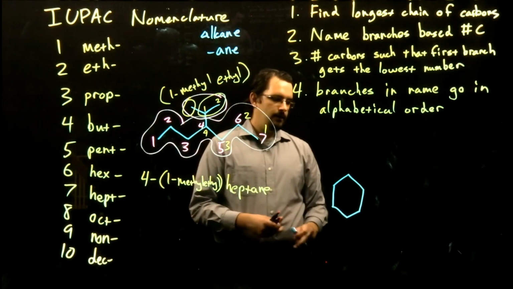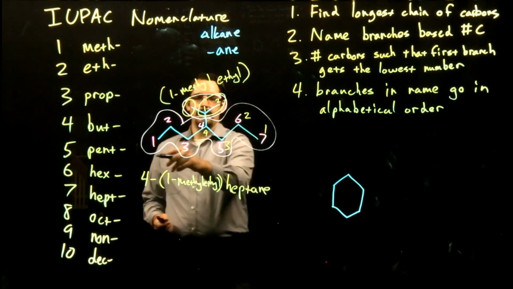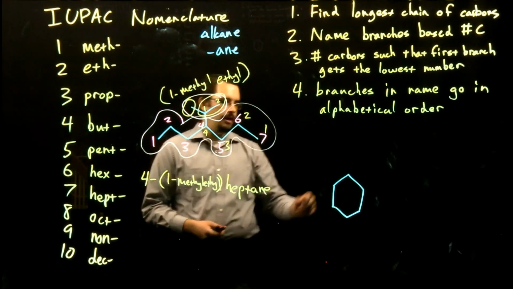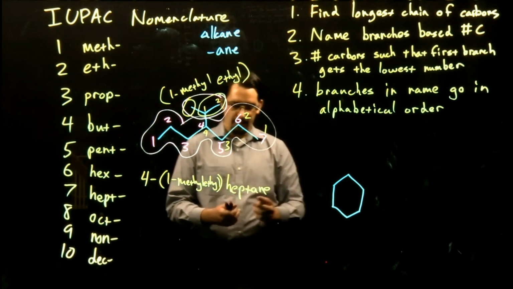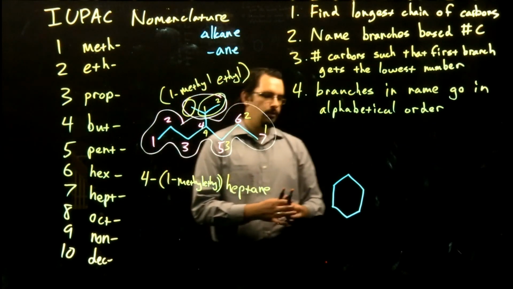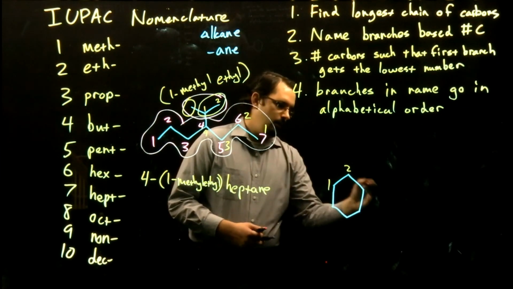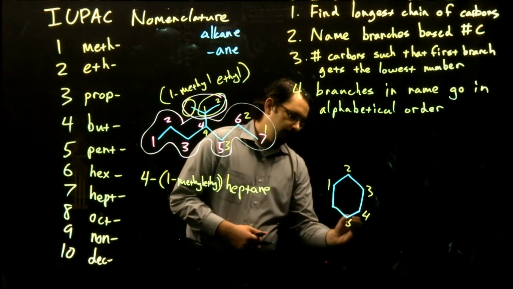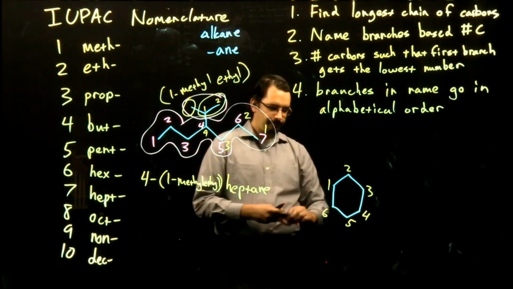Now in this case, with our normal parent chain system, we're always thinking of just a consecutive chain, right? That doesn't work here because we could go around in circles forever, right? So we're just going to count the total number of carbons that create our cycle. So we have 6 carbons in our cyclic system.